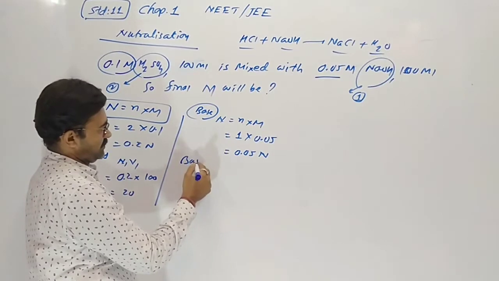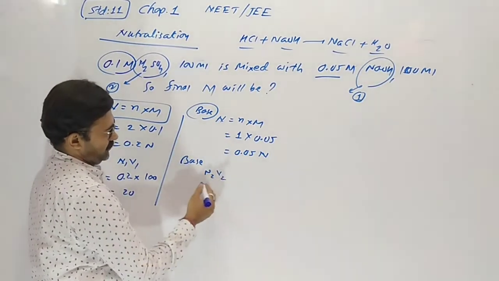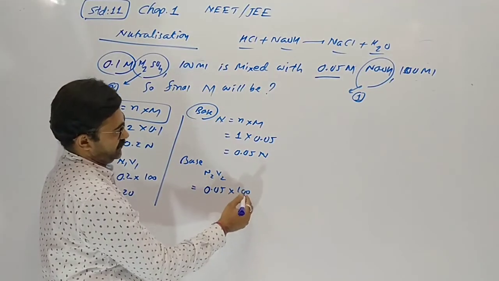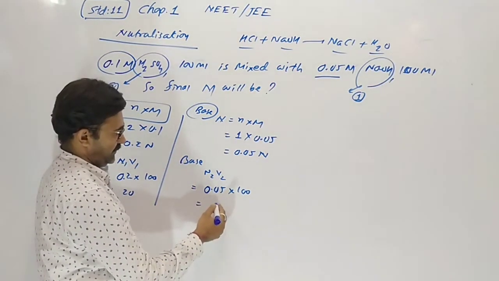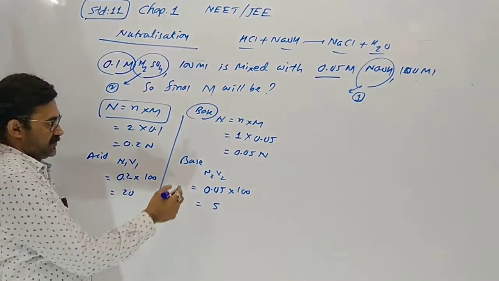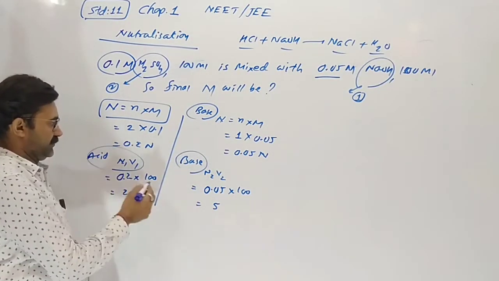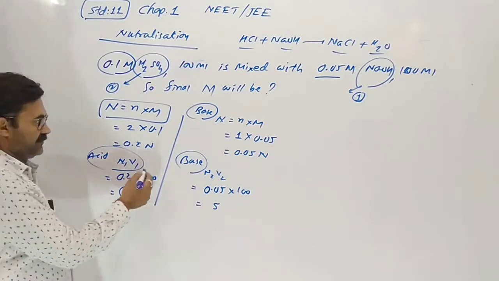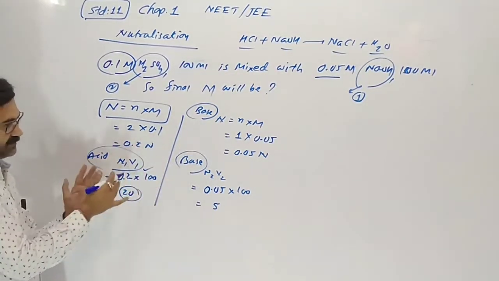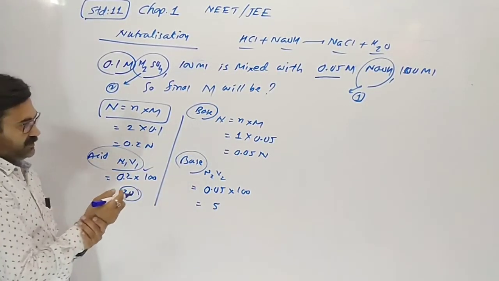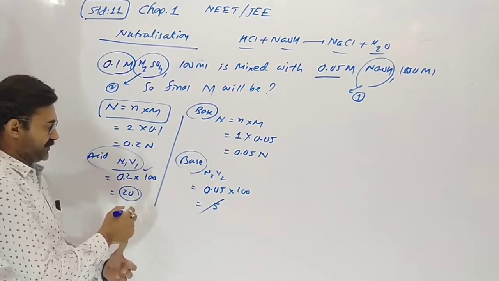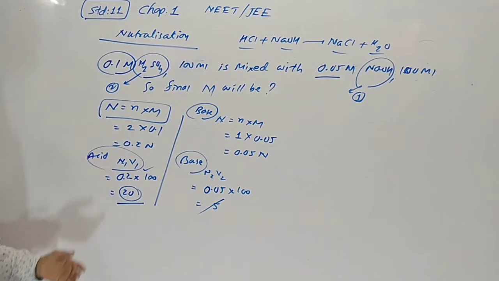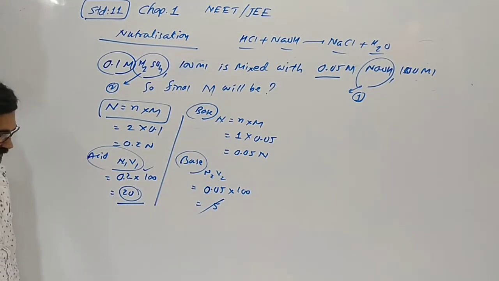For base, N2V2 is 0.05 into 100, so it is 5. Out of these two values, which one is more? Acid. Acid is more than base. So the remaining will be acid, the base will all be used up. The excess is acid, so the final solution will be acidic.